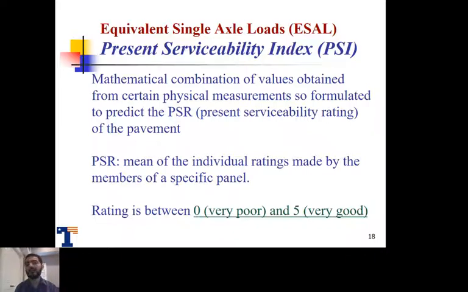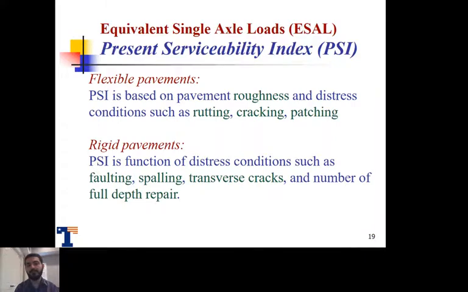The PSR is an average of individual ratings made by members of a specific panel, and the rating starts from zero all the way to five. Five is very good, or excellent, and approaching two or one, all the way theoretically to zero, is a very poor pavement. For flexible pavement, the PSI is heavily based on pavement roughness, how rough the road is, and the distress condition, such as rutting, cracking, and patching.